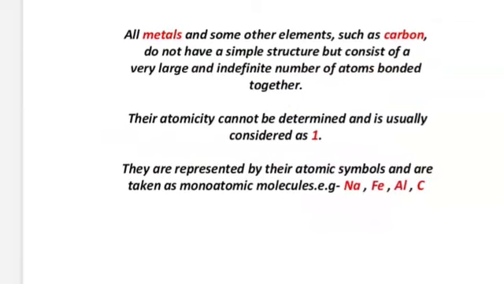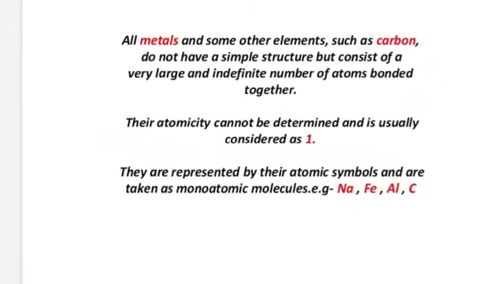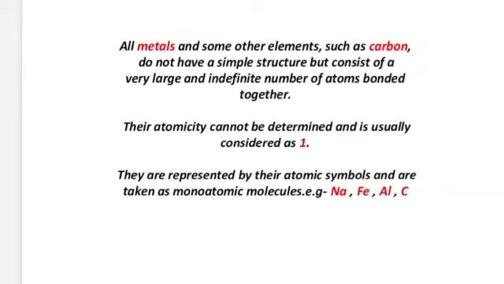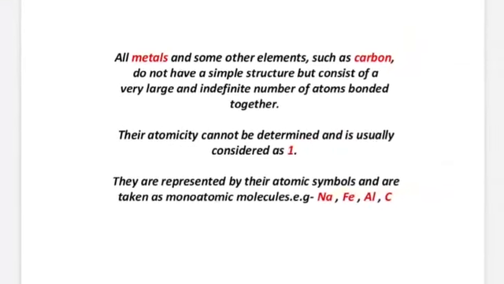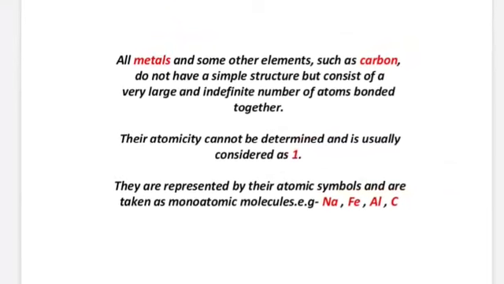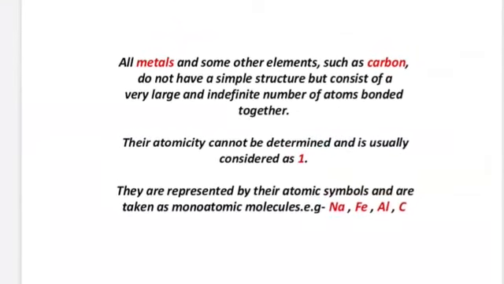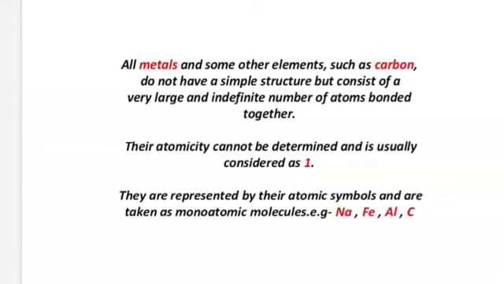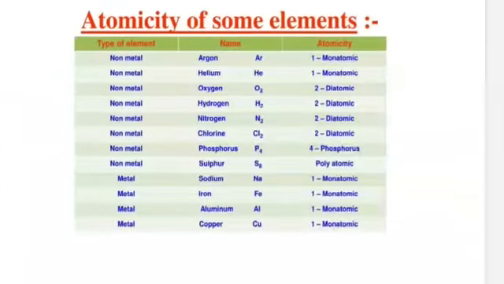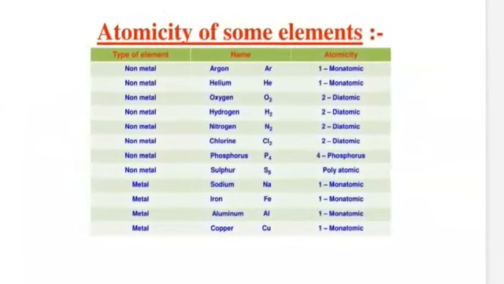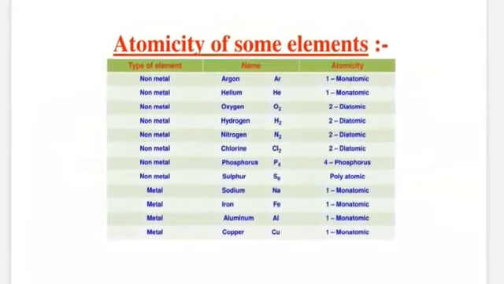The atomicity of such molecules cannot be determined and is usually considered as 1. They are represented by their atomic symbols and are taken as monoatomic molecules. For example, Na for sodium. Here is a list of atomicity of some elements.